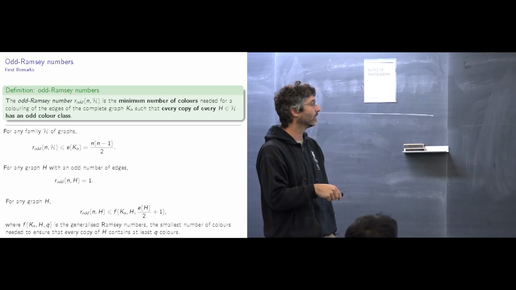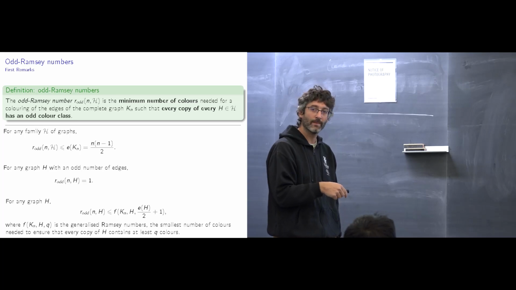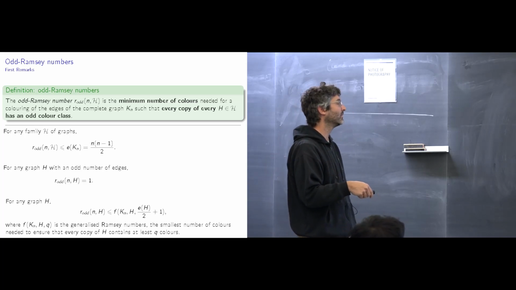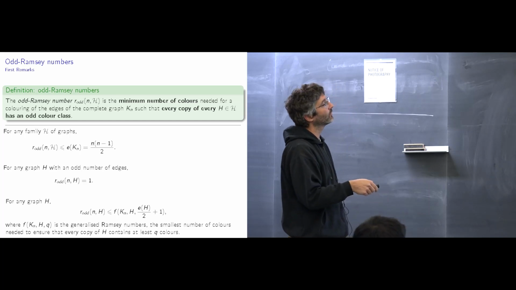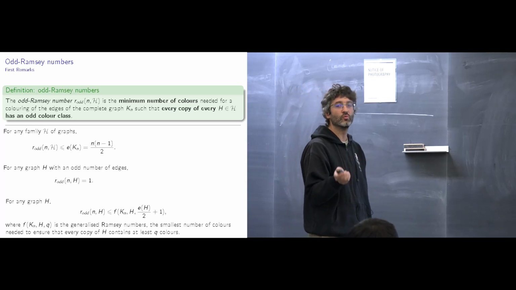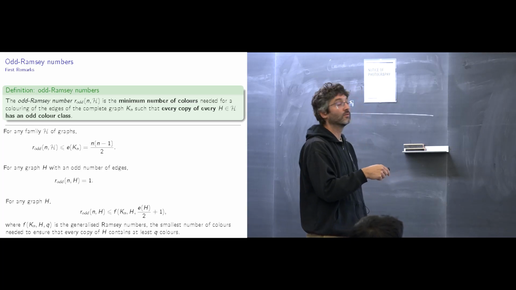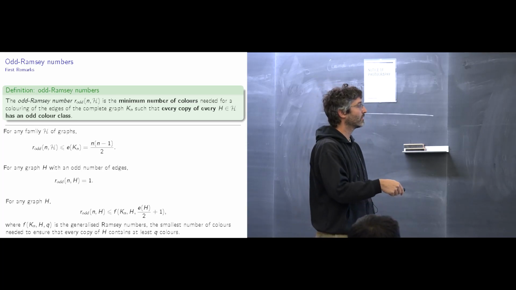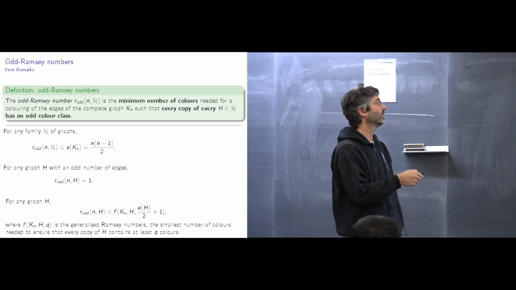We have an easy upper bound, which is given by something called the generalized Ramsey number. Luc and Michel have some articles in there. There are many good people working on it. It's mostly like you replace that condition by saying that every copy contains q colors. So Ramsey number is saying that every copy contains 2 colors. Generalized Ramsey number is saying every copy contains q colors, and we say odd.